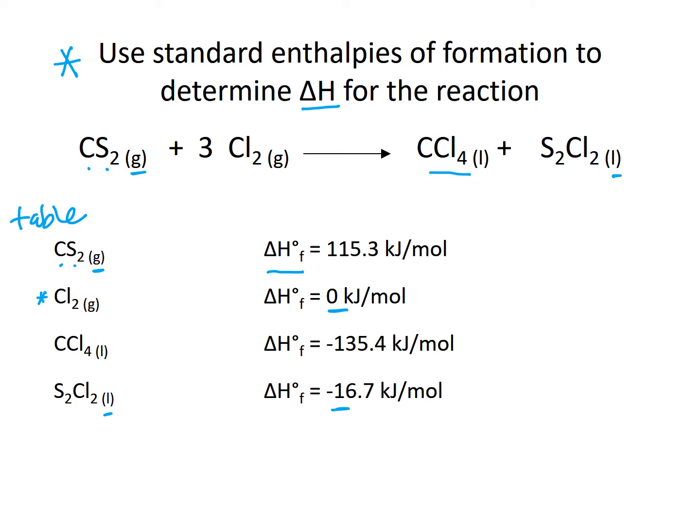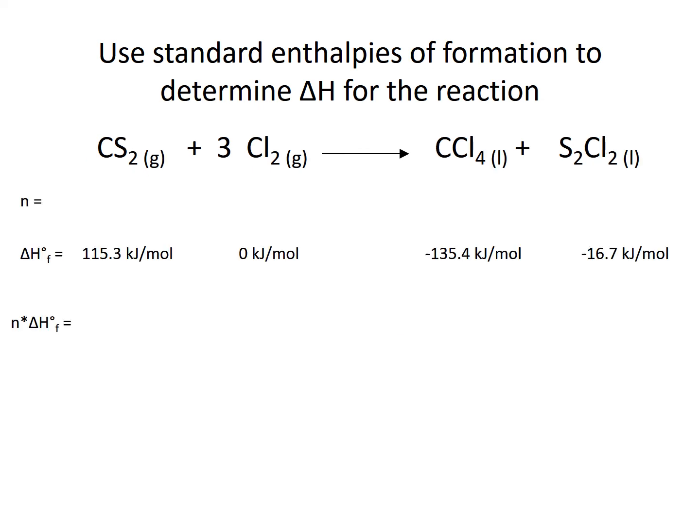Okay, so now what I do, after I have gone through and looked at my reaction and looked on a table and found every single reactant and every single product, I rewrite my reaction down. Okay, so I have my reaction written at the top.